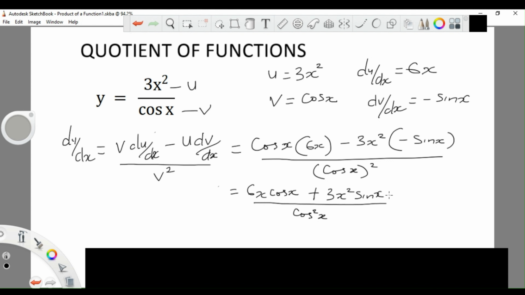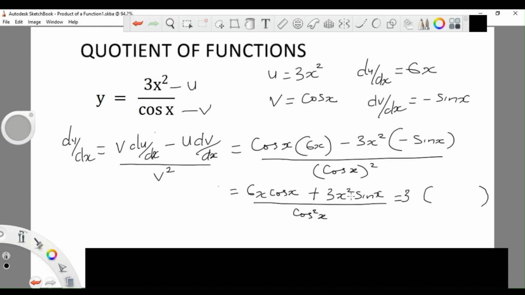So that will give us, again, first I will open a bracket. Now, the common factors for 6x cos x and 3x squared sin x. Now, 6 and 3. 3 is the common factor, so I'll bring out 3 first.